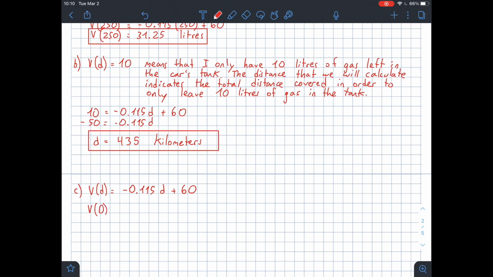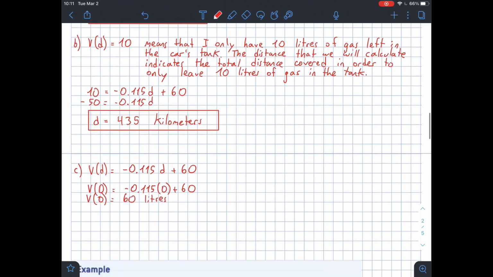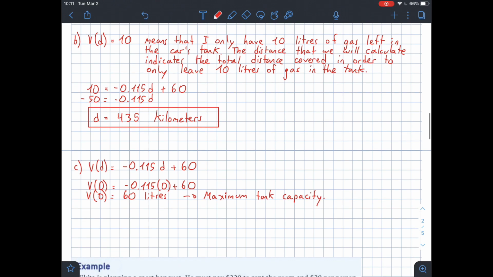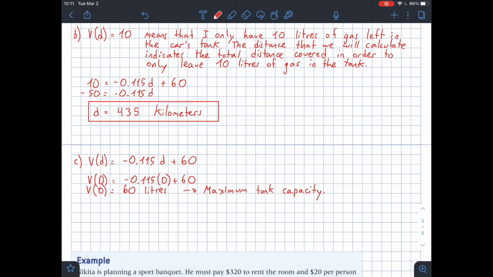So V(0) would be negative 0.115 times 0 plus 60, which is V(0) equals 60 liters. This represents the maximum tank capacity.